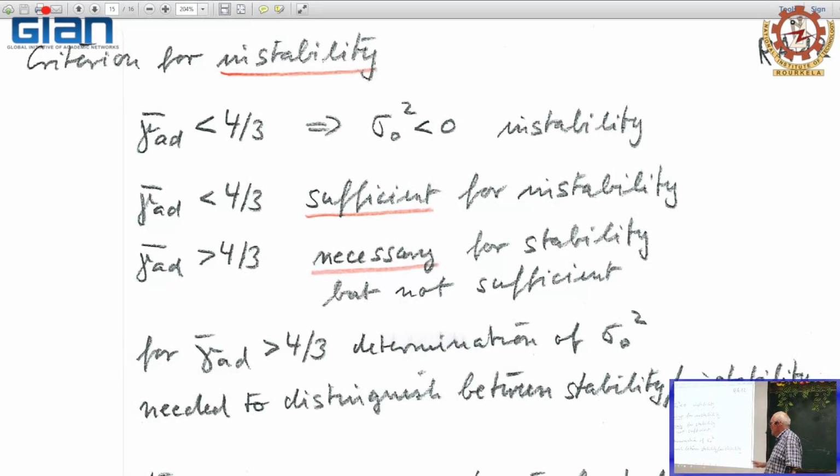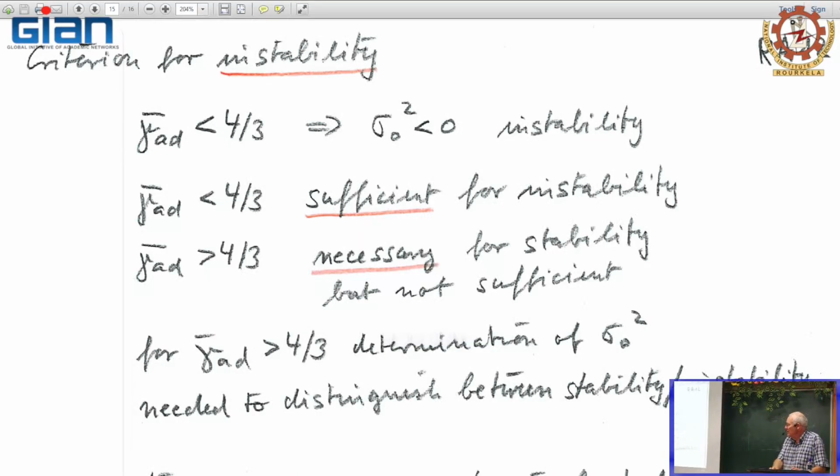In that case, it's needed to distinguish between stability and instability. You have to solve the eigenvalue problem and determine sigma naught squared precisely. This is the case once you do not meet any of these conditions.